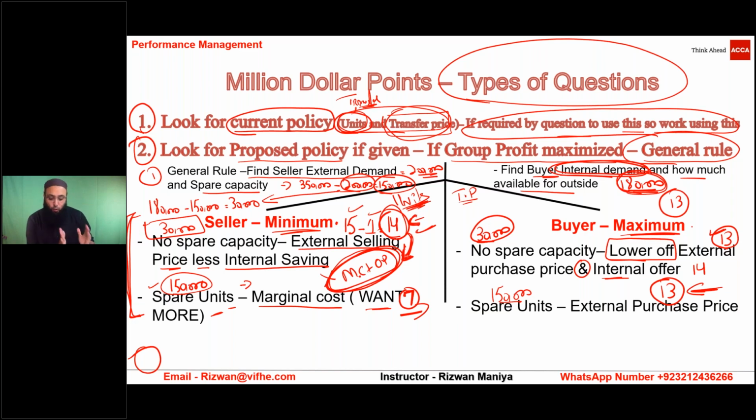I've made these rules, and these rules will help you in every situation. The only thing you have to keep in mind is to work smartly and understand what is being asked. If you understand what is being asked, apply my rules and you'll get the answer in every given situation.